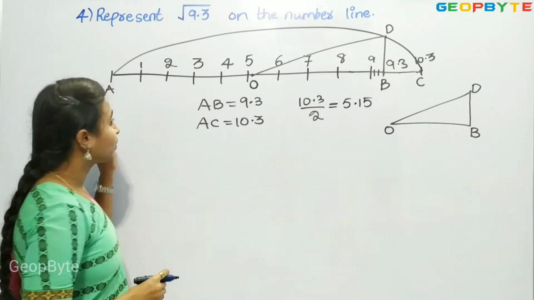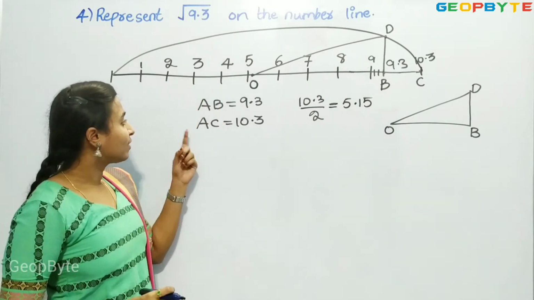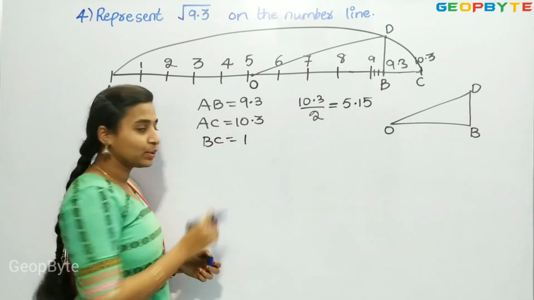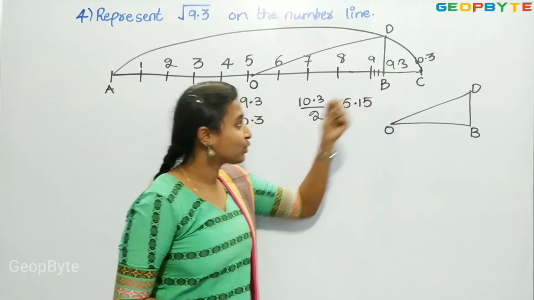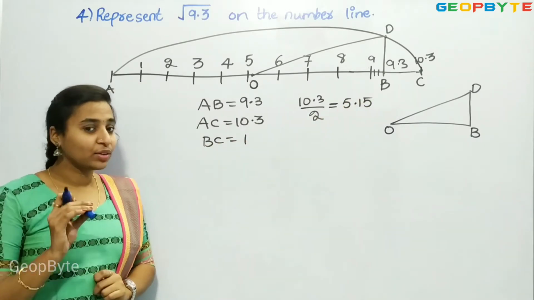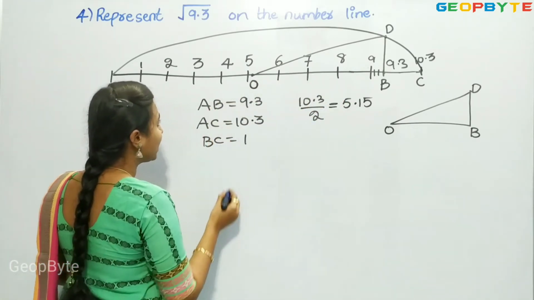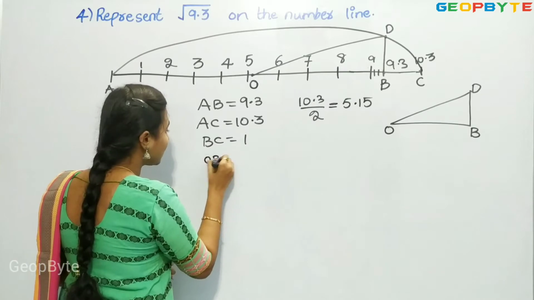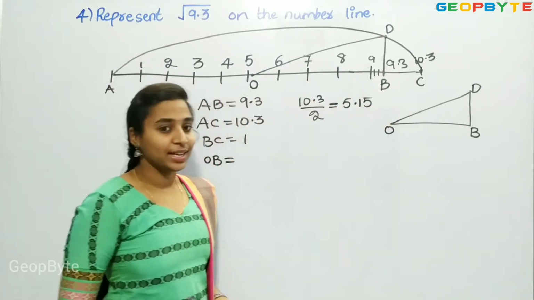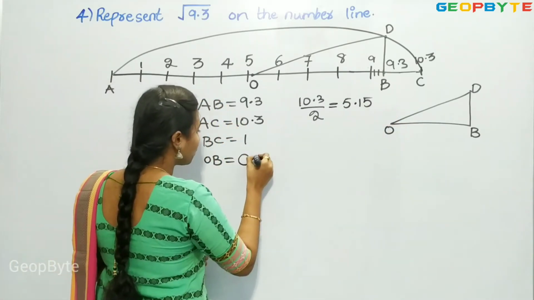We know the length of AC and BC: BC is 1 unit and AC is 10.3. Let us find out the length of OB. OB is equal to OC minus BC.